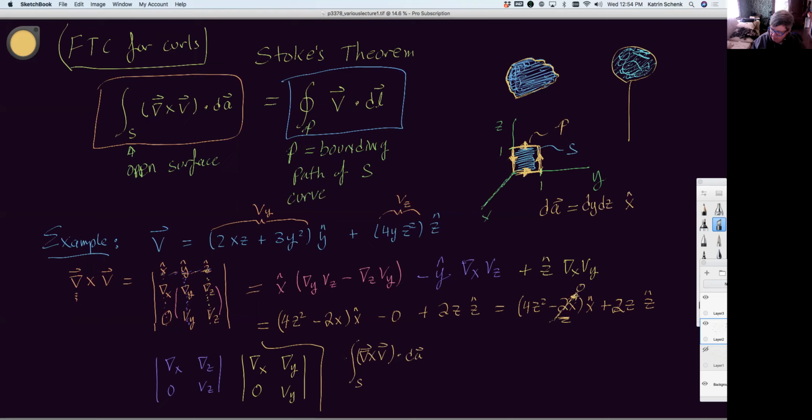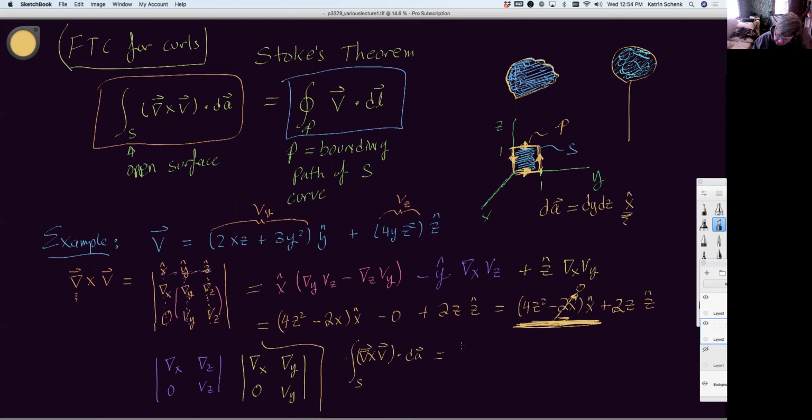Okay, so I'm going to write this as the integral of 4z squared x hat. Sorry, I want to do the dot product before I do any of that. Notice that dA is in the x hat direction, which means that the only thing in the dot product that survives is the x component of the curl. And I already said x is 0, so it's only this 4z squared.